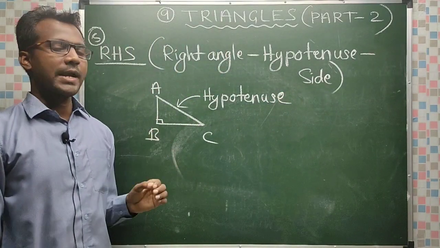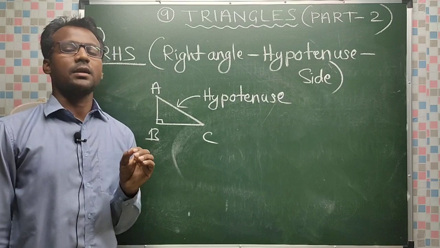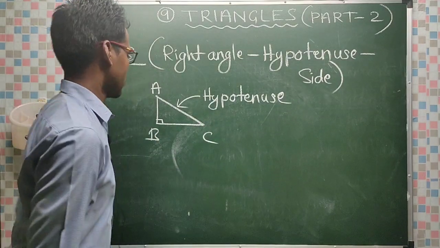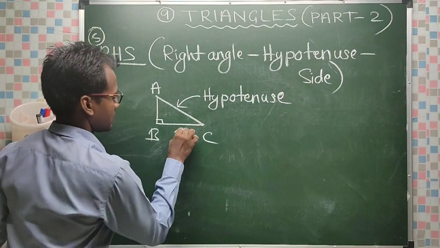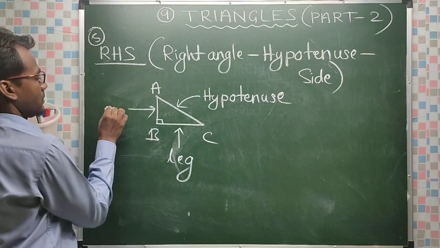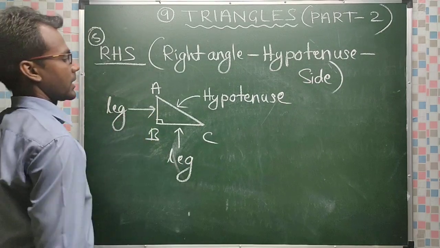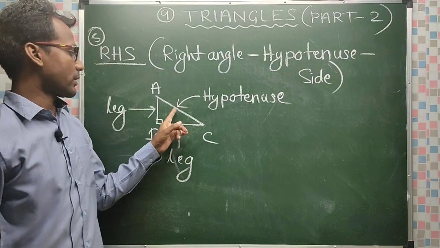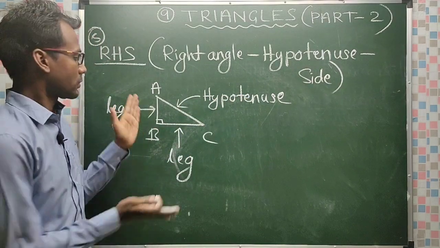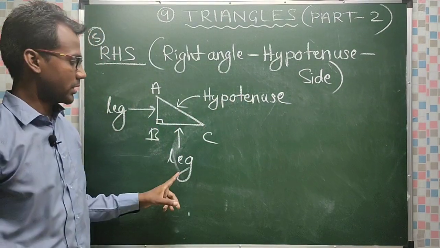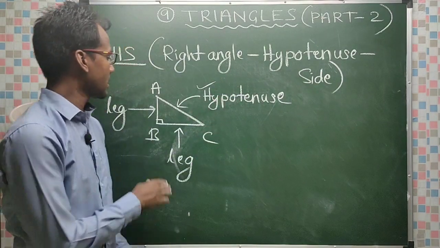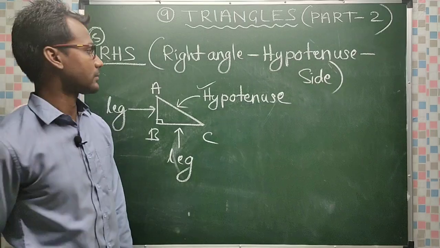Remember this: the side opposite to the right angle of a right triangle is called the hypotenuse. The remaining two sides, or the two sides containing the right angle, are called legs of the triangle. Here the hypotenuse is more important. These two legs are not important.